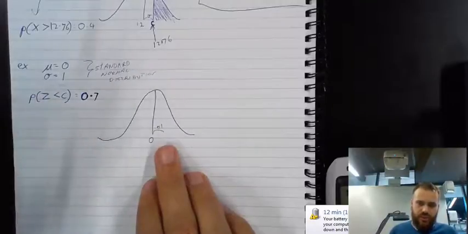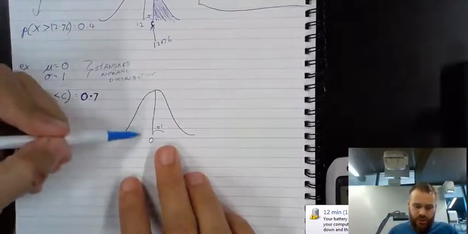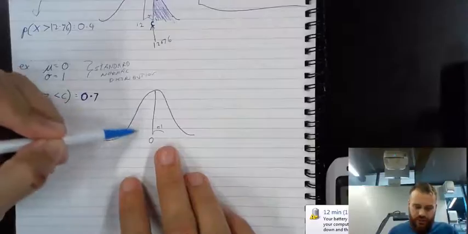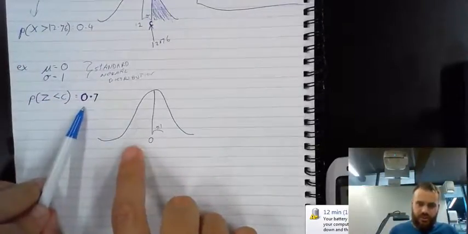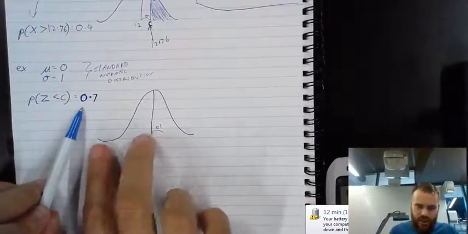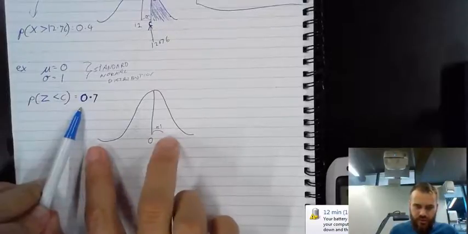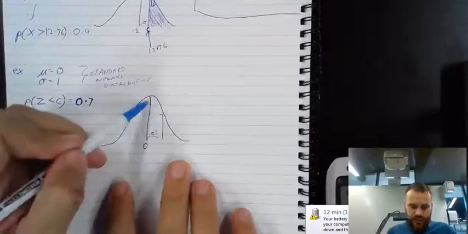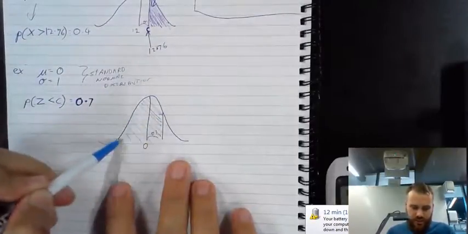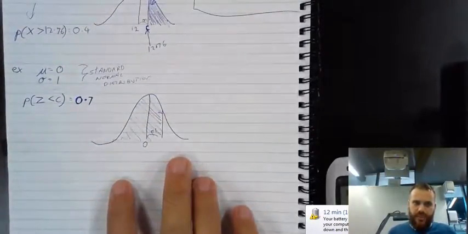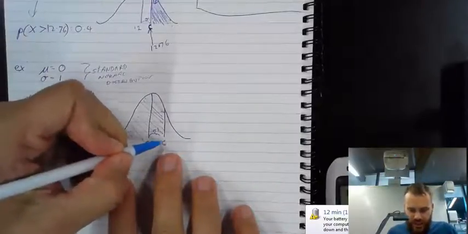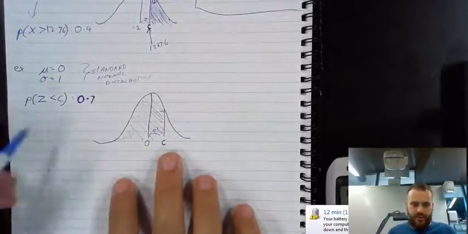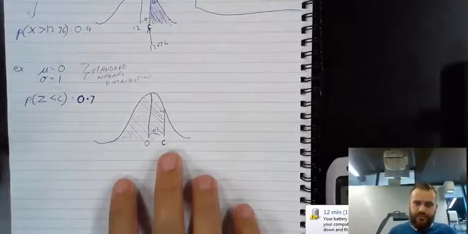Okay, so small issue here. You might be tempted to put it on this side and colour it in like that. But because the probability is 0.7, it's more than half of the normal distribution. So it's actually going to be a line here somewhere, and all of this shaded in. 70%. And we need to know what the value of C is here. That's going to make it less than that.